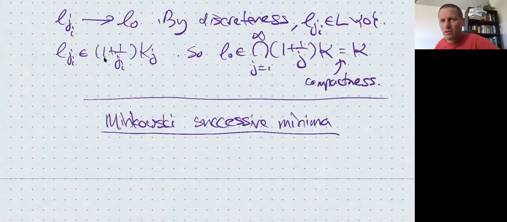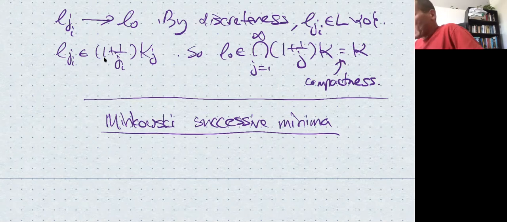So far, all lattices are more or less the same algebraically. But now we're going to start seeing differences between different lattices. And so there's this notion of the successive minima of a lattice. L is a lattice.